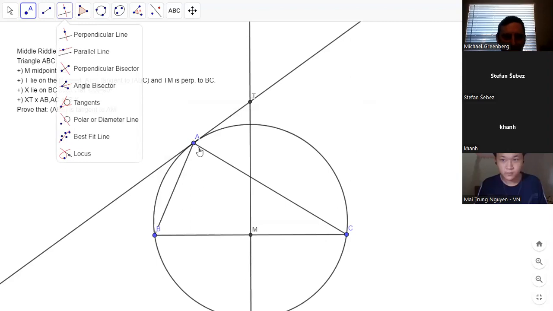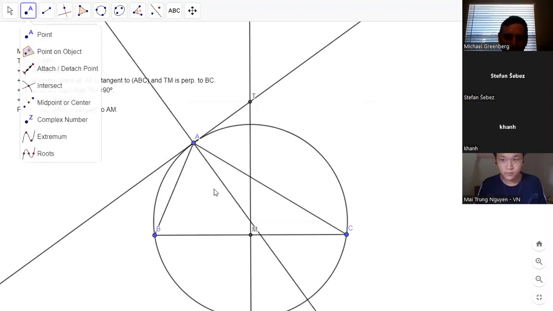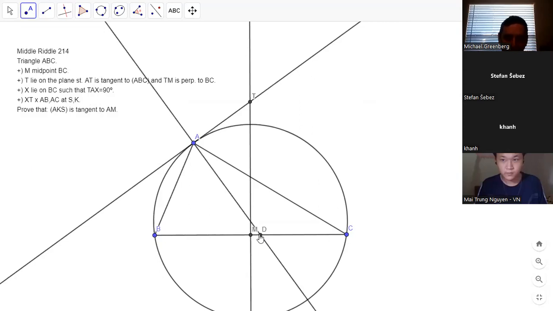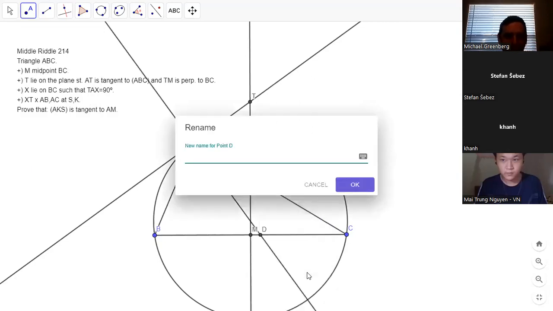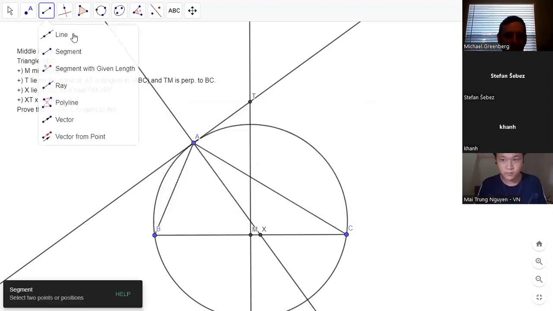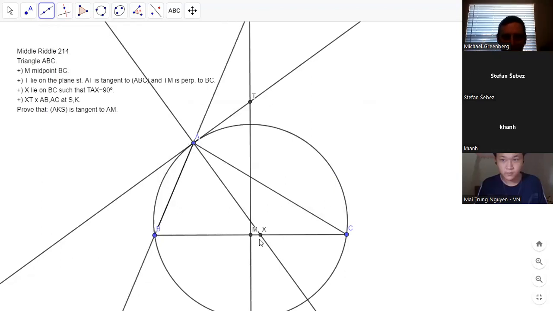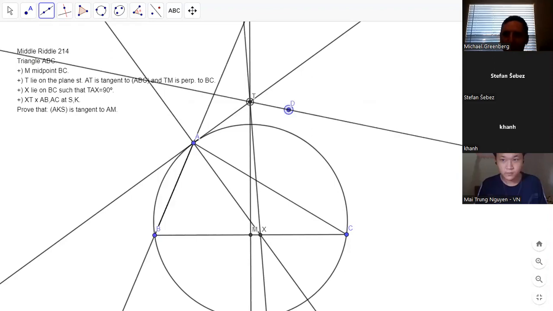And then X is on BC, so that TAX is 90. So then we have a cyclic quadrilateral there. And XT intersects AB and AC at S and K. And then we want to draw the circumcircle of AKS and show it's tangent to AM.